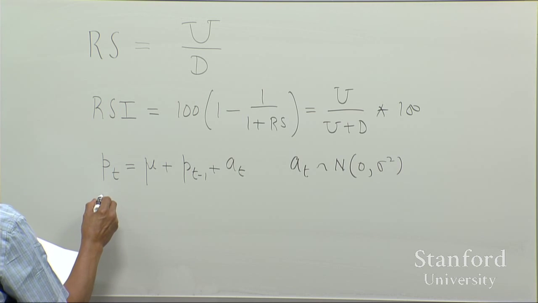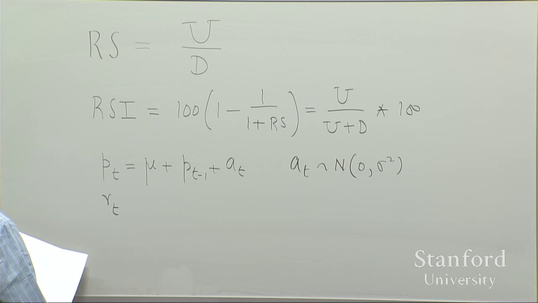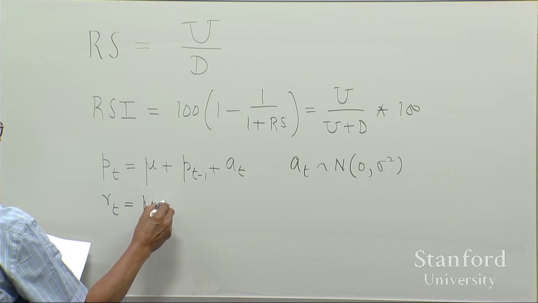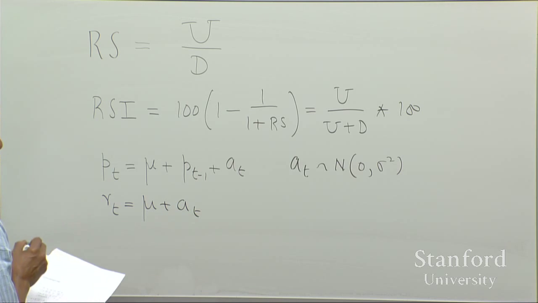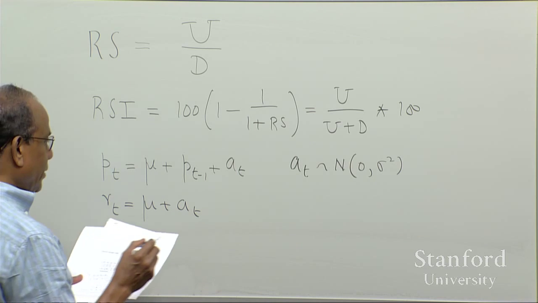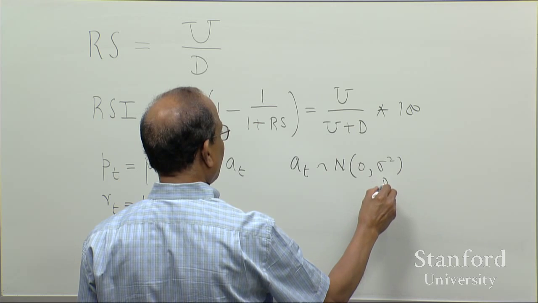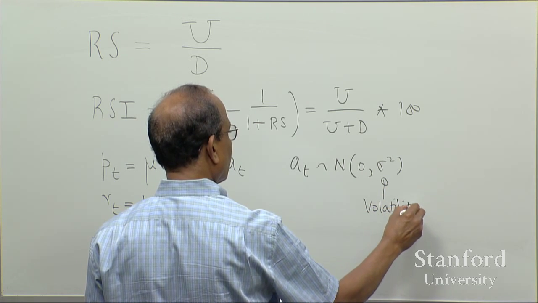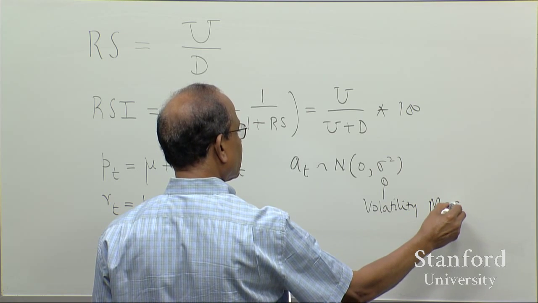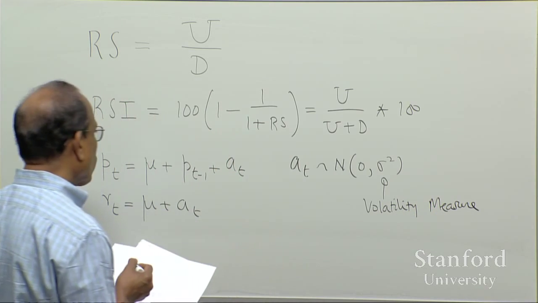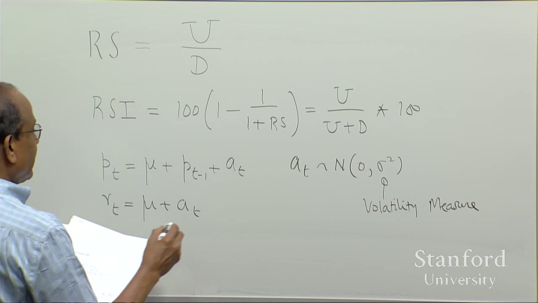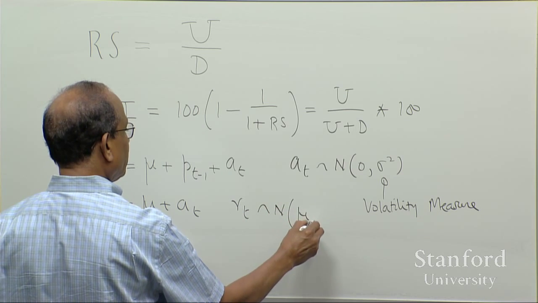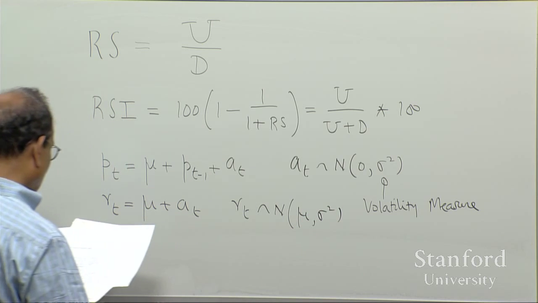Essentially this means that the return R_t, which is P_t minus P_{t-1}, follows mu plus a_t. So this sigma squared is nothing but the volatility measure. So this indicates that R_t follows a normal distribution with mean mu and variance sigma squared.